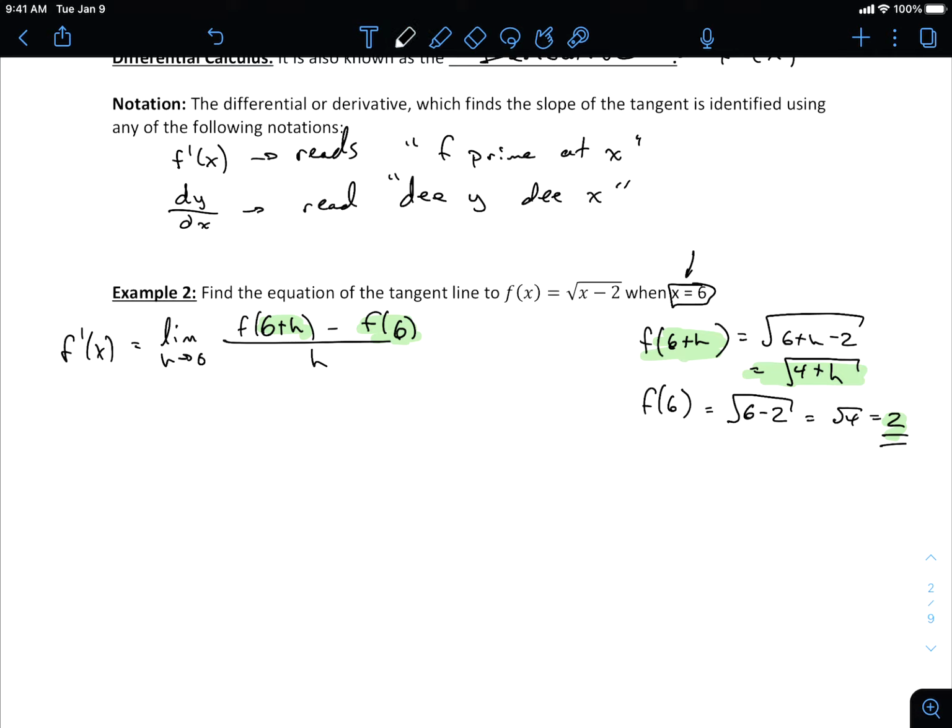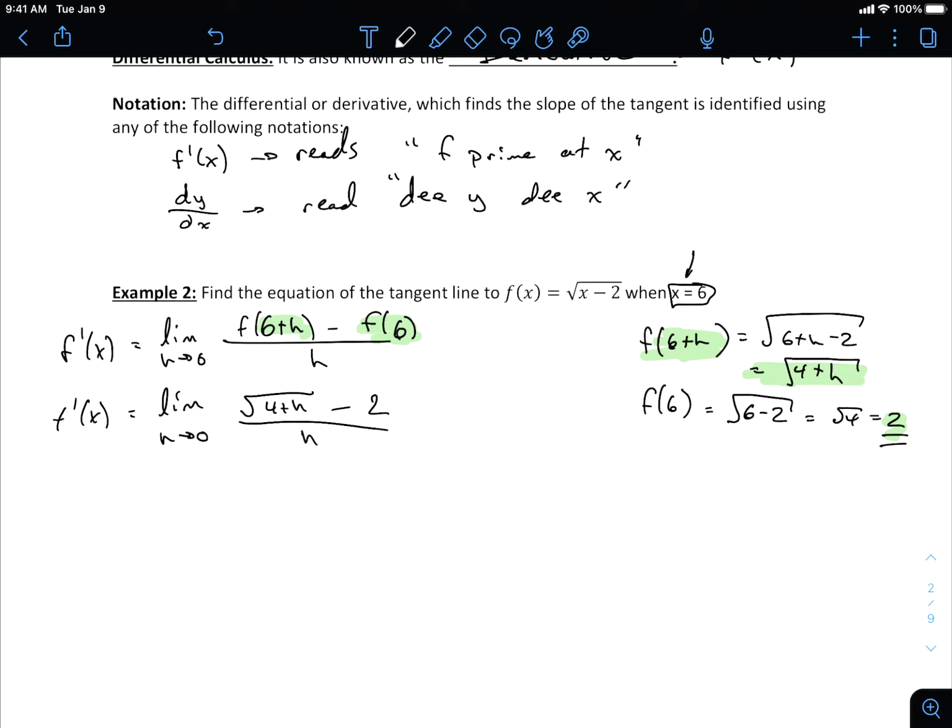So let's just plug the stuff in. f prime of x is equal to the limit as h approaches 0 of the square root of 4 plus h, minus 2, over h.